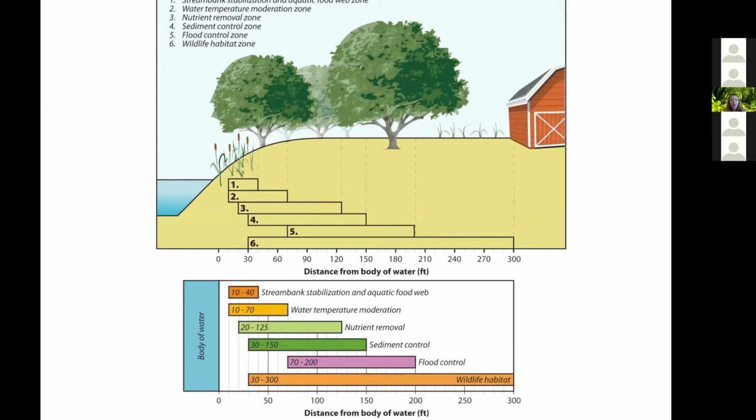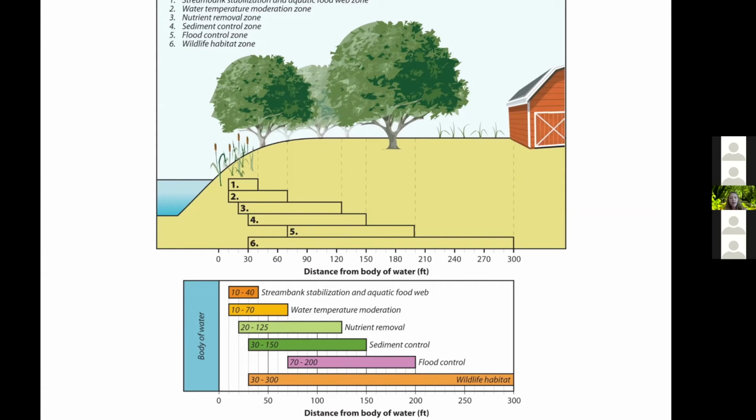And remember that water temperature moderation was important for those small critters that are living under rocks and in the stream, and those are the base of the food web that is in the stream and the water body itself. Now, as we go farther away from the stream, the greater the benefit. So the wider the buffer, we might get more nutrient removal or more sediment control.